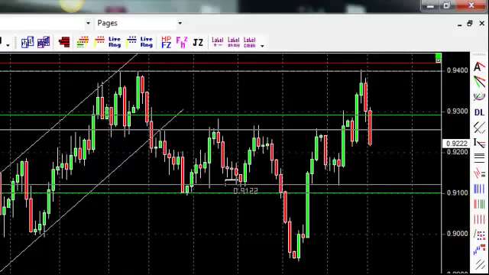In that instance, if we sell this pair and it drops all the way down to right here, let's say right in this range, it didn't take our profit target, but then the next day some big news announcement came out and boom, boom, boom, this thing shot up through the roof.